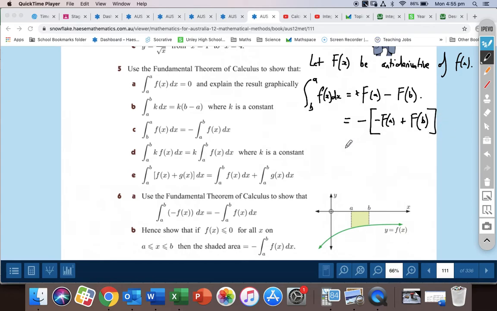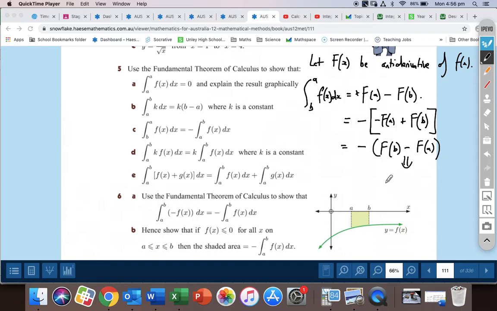Now, if I rewrite this ever so slightly, it's the same thing as this statement, isn't it? Capital F of B minus capital F of A. But what's this? What have I got in here? Just that bit, ignore the negative sign for a minute.